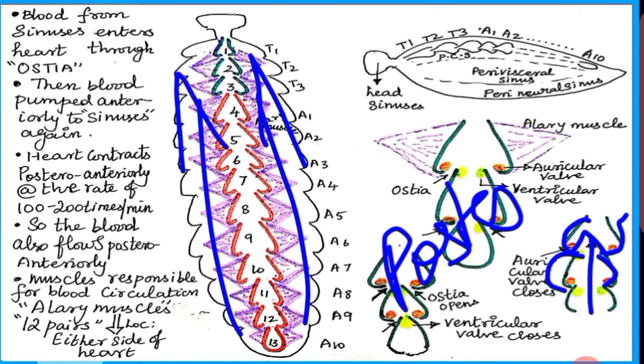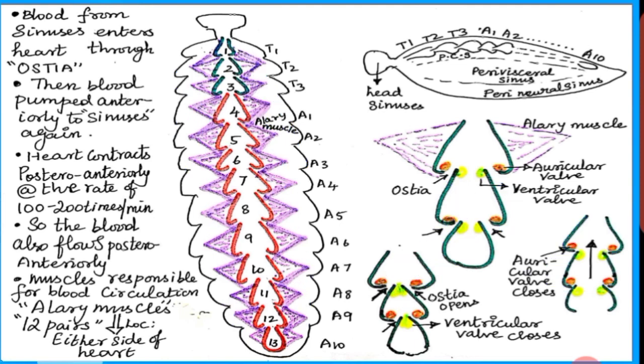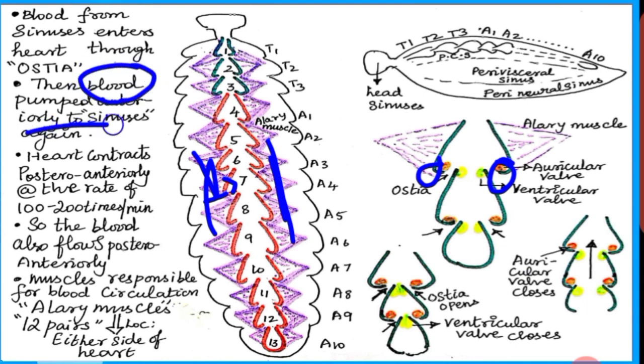Blood from the sinuses enters into the heart through the ostia. Ostia is an opening. Then the blood is pumped anteriorly to the sinuses again.